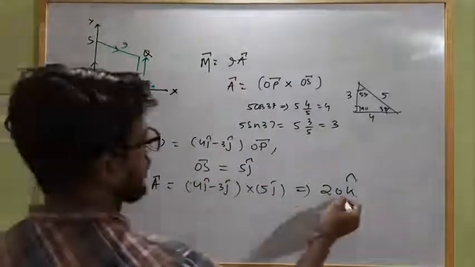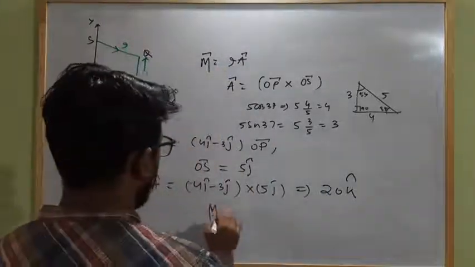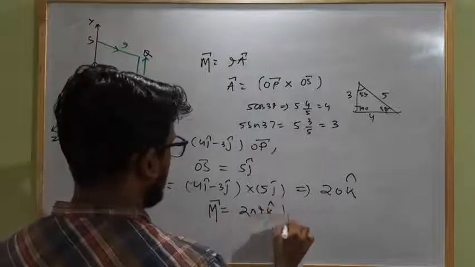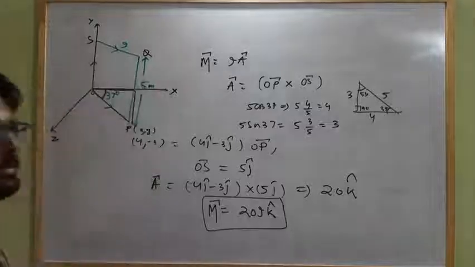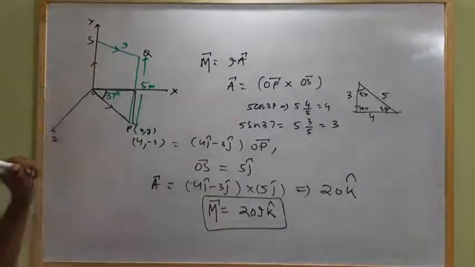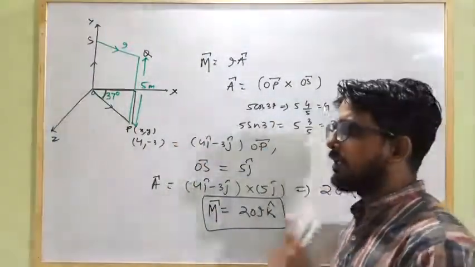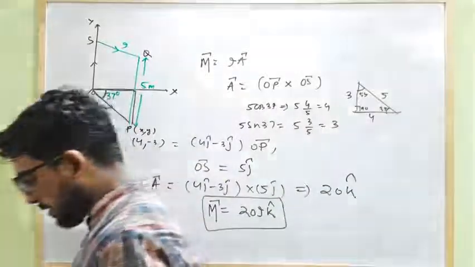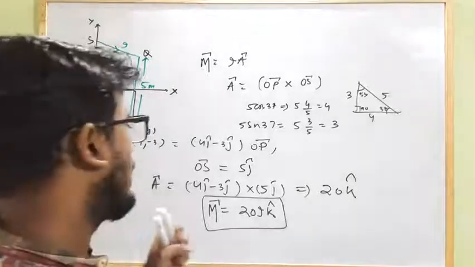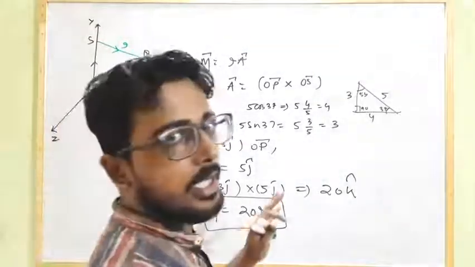So this is the area vector and this is the current I. So the dipole moment M for this loop will be 20 I k cap. Clear? Okay. So this is how we can calculate the dipole moment of any current carrying loop, because we already discussed in the last class that a current carrying loop behaves as a magnetic dipole.